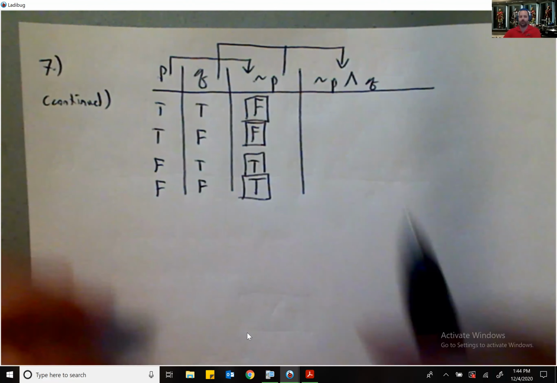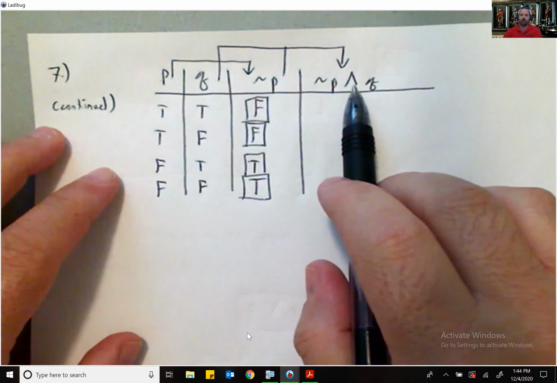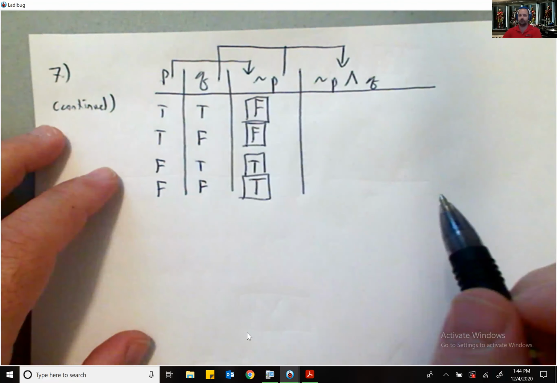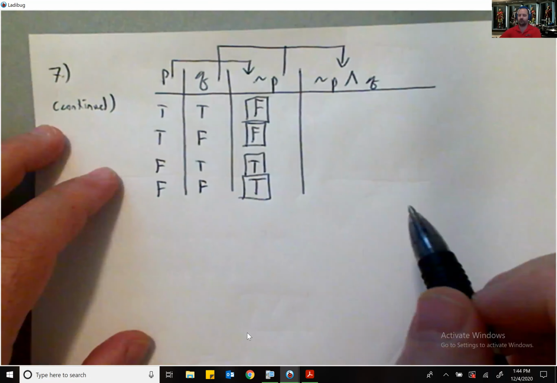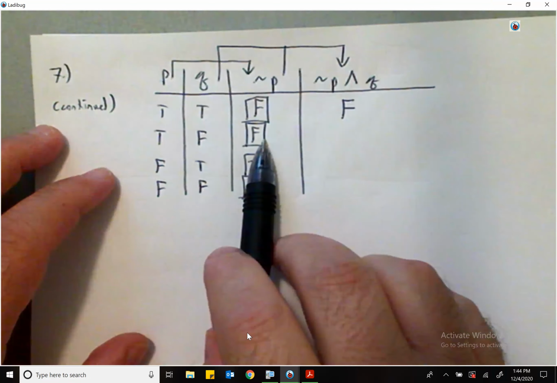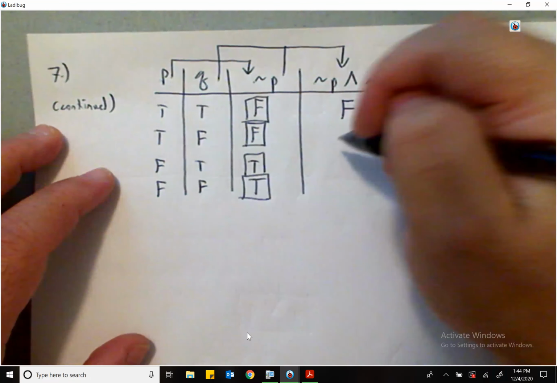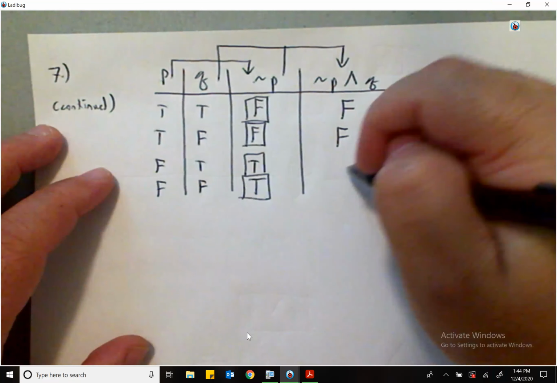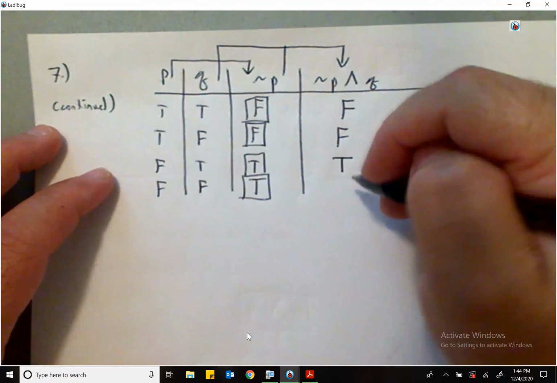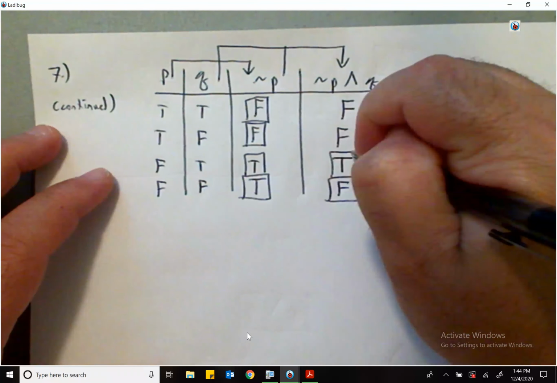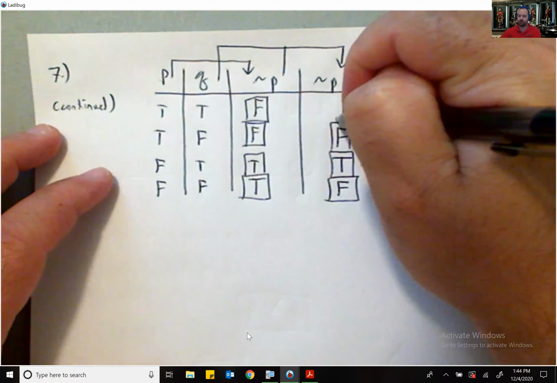So we have true, false, false. We have false, false, false. We have true, true, true. That's your true one. And false, true, false. Bingo. And there's our answers.